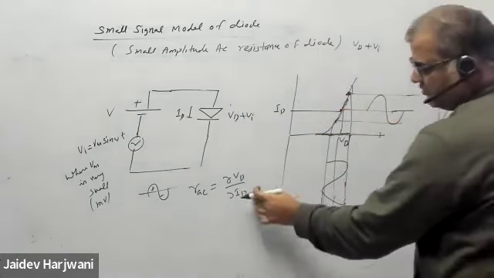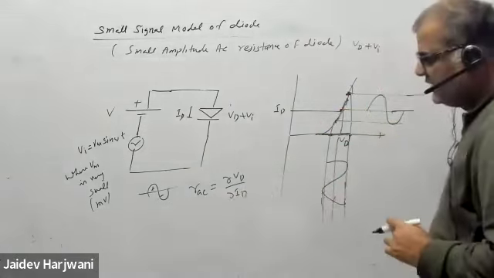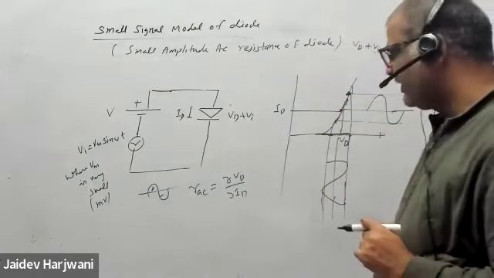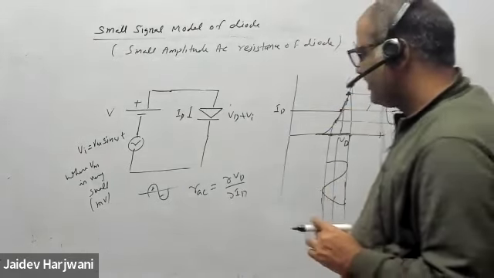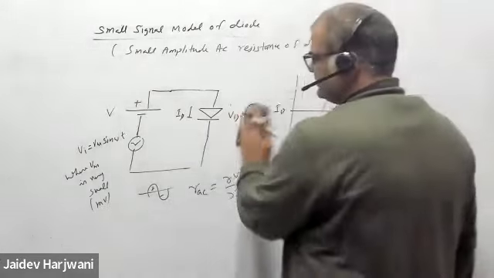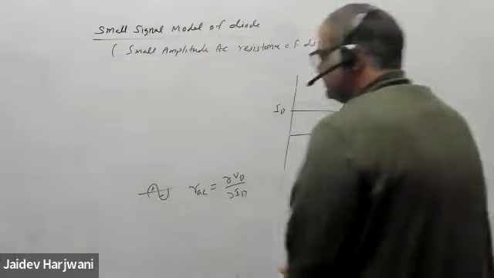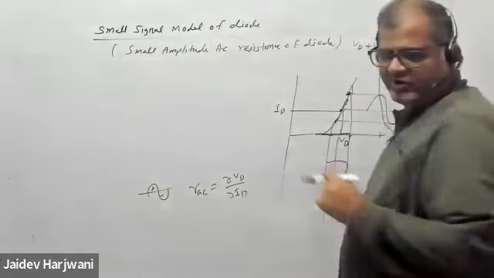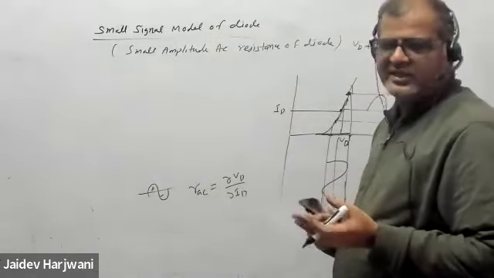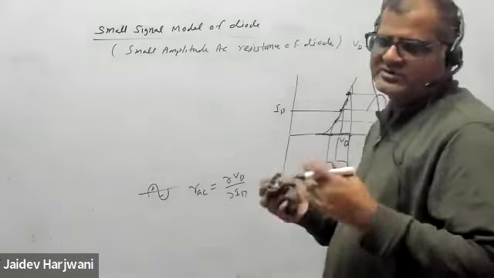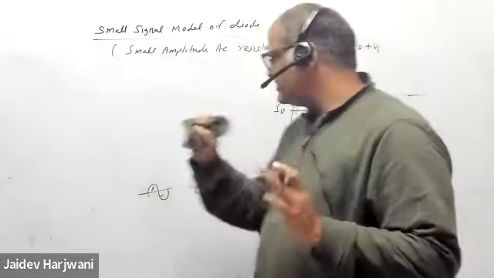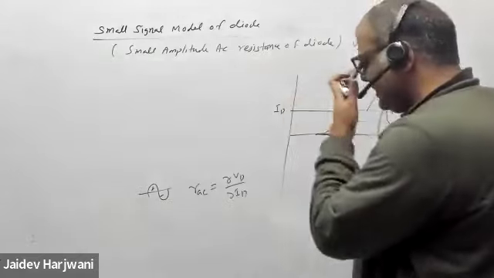The ratio will give you the AC resistance, and the AC resistance value is what I want to find. So always you have to apply the superposition principle. When two sources are there, DC and AC sources cannot be analyzed simultaneously. We'll see that later. So now I want to find the AC resistance.